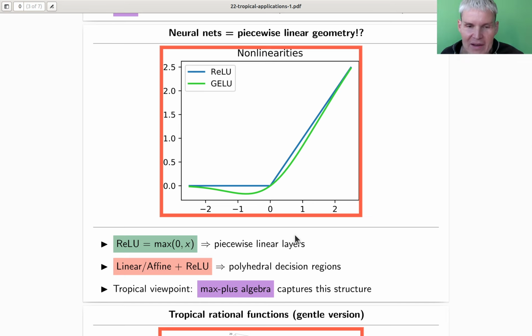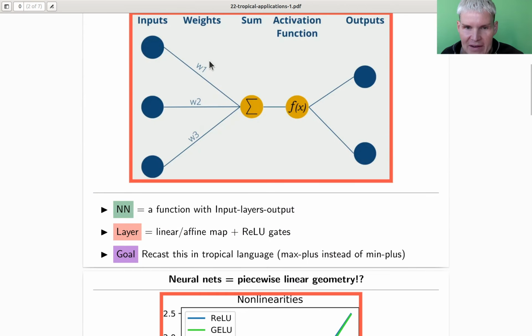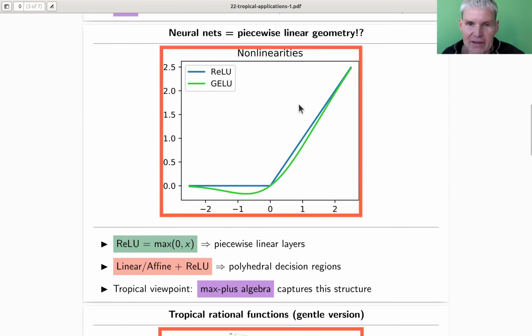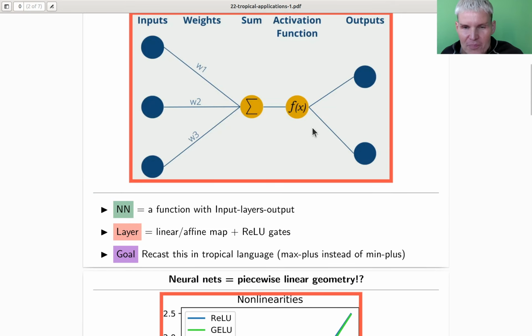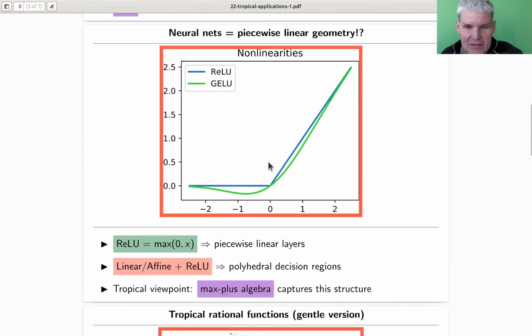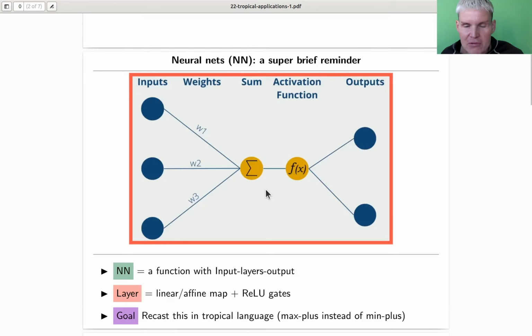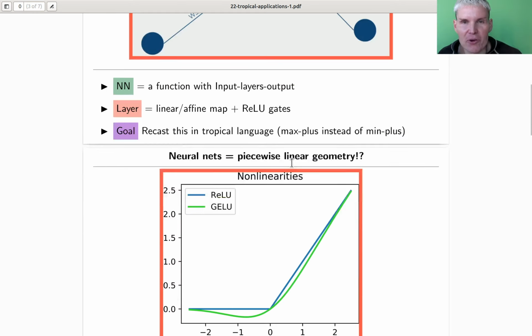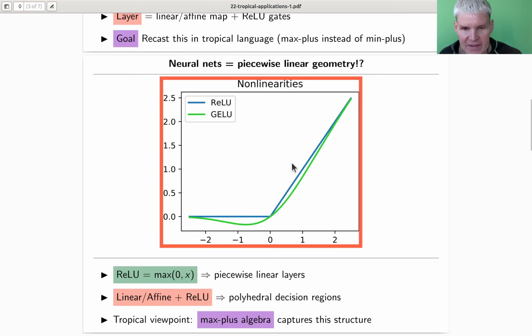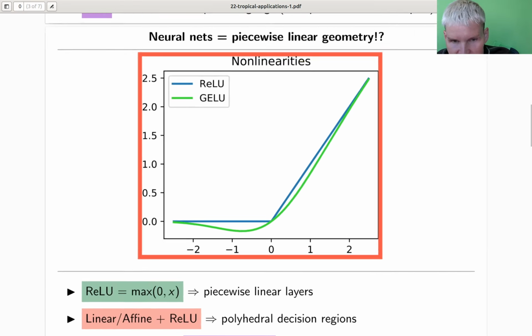If you apply a linear function, let's say if you go back here, a linear function, and then a piecewise linear function, you get a piecewise linear function. So actually every one of these processes is a piecewise linear function, which, hopefully that was reasonably clear in this lecture on tropical geometry, means there's something tropical going on. There's some polyhedral thing. I will show you in a second a nice way of thinking about this.